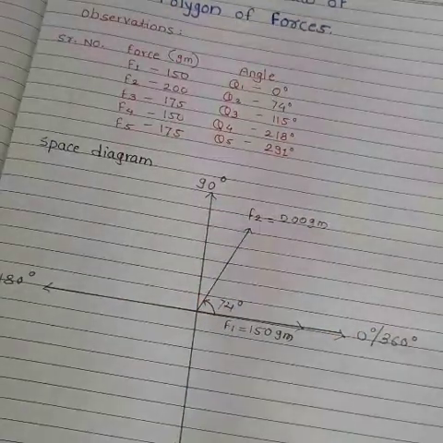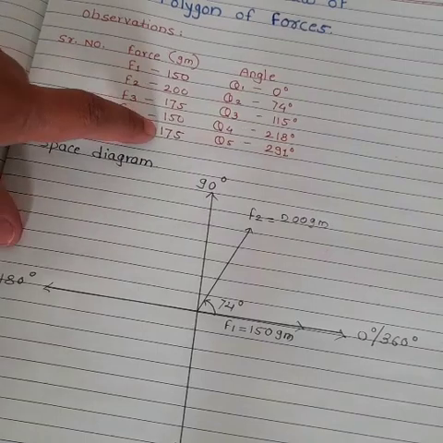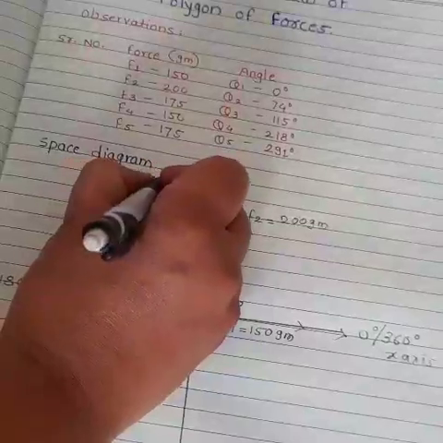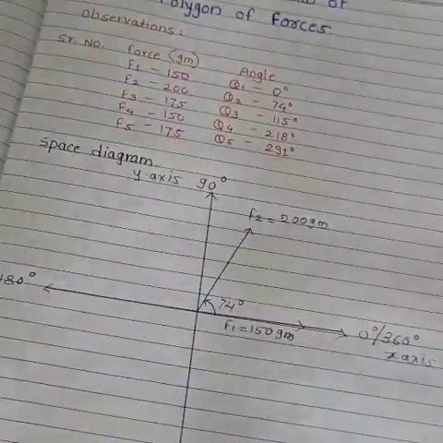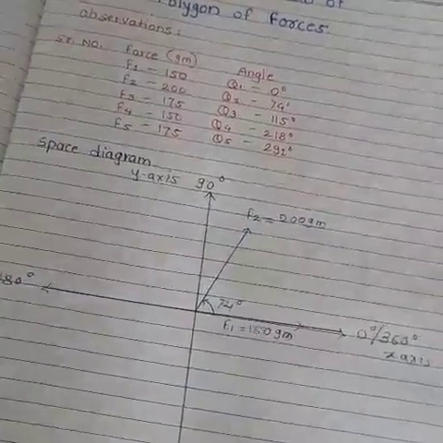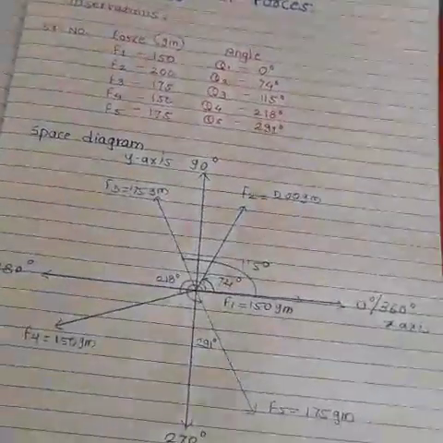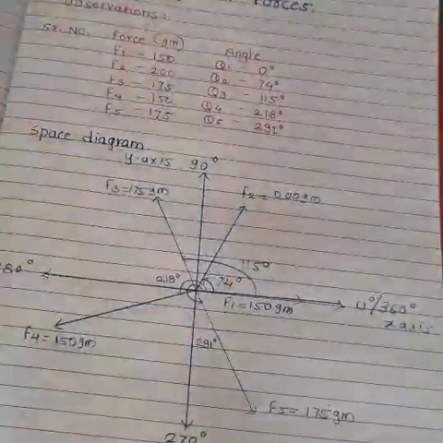Same like that, we can draw all the forces according to their angles with the x axis. Here it is the x axis and here it is the y axis. Let's draw all the forces according to the degrees.